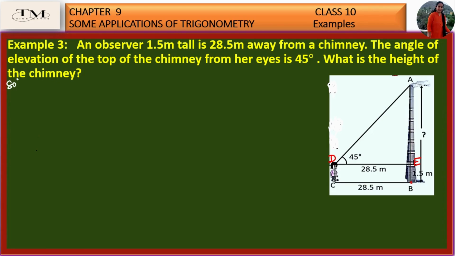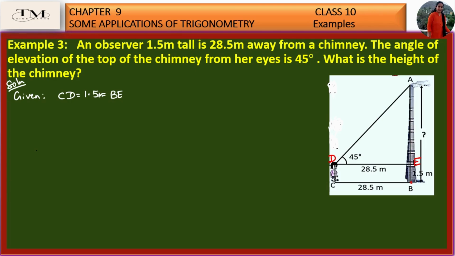So let me start the solution. What is given? An observer. The observer is CD. So CD equal to 1.5, which is equal to BE. BE and CD are the same height, 1.5 meter. Next, an observer 1.5 meter tall is 28.5 meter away from a chimney.